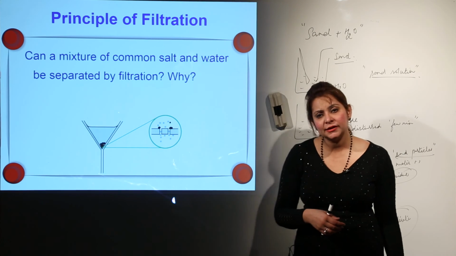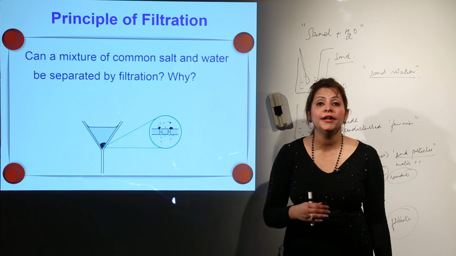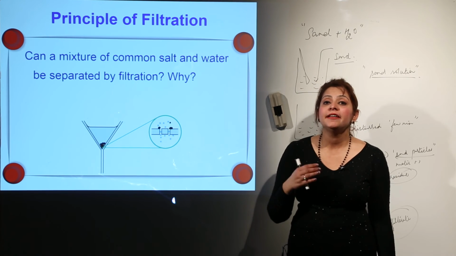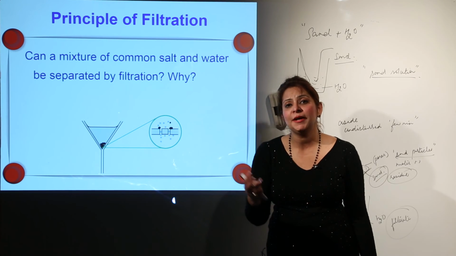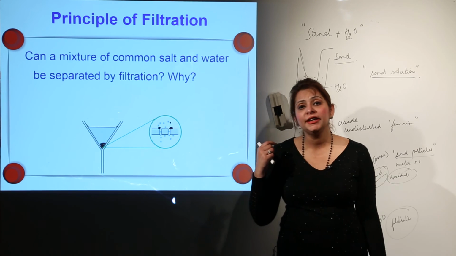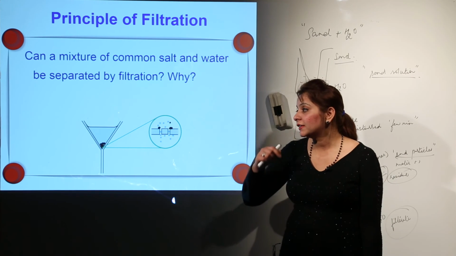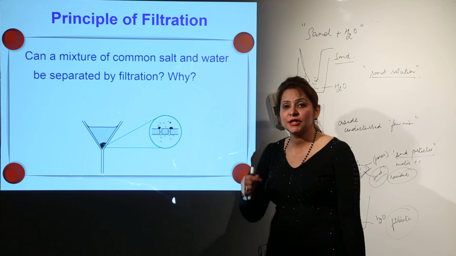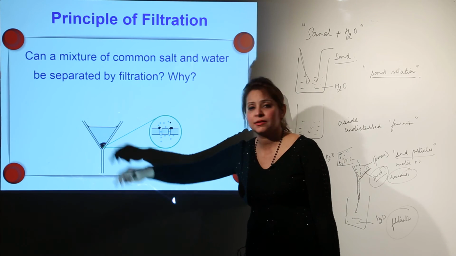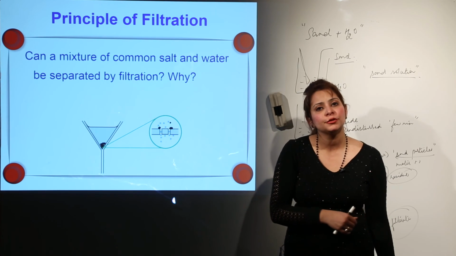Can the salt particles get separated by this filter paper or not? No, they are not going to be separated by the filter paper. The reason is that we have three kinds of solution: true solution, suspension and colloids. In a true solution, the solute particles are so small that they do not get stopped by the filter paper pores, and they pass along with the liquid molecules.